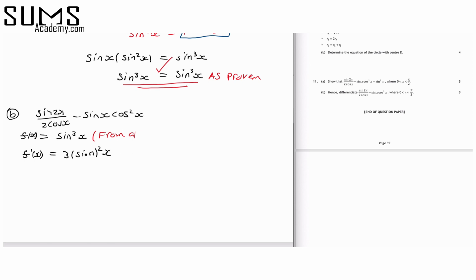Sin x squared, decreasing the power, then you multiply by the derivative of what's inside the bracket, so cos x. So this then just becomes 3 sin squared x cos x. That's pretty straightforward.